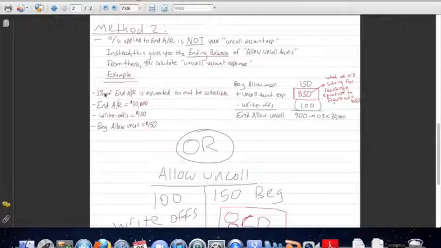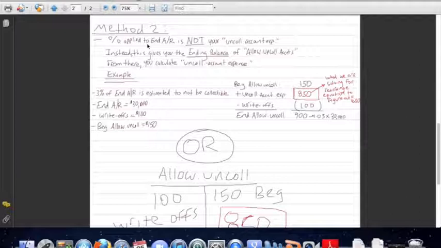This is the balance sheet approach. The number that you get when you multiply the percentage times ending accounts receivable gives you the ending balance of your allowance for uncollectible accounts. This does not give you your uncollectible account expense. This gives you your ending balance.